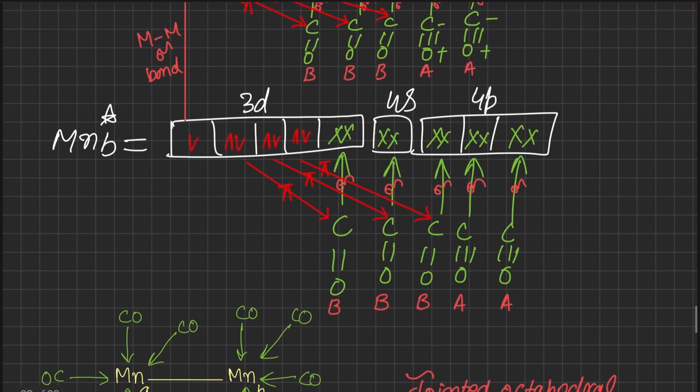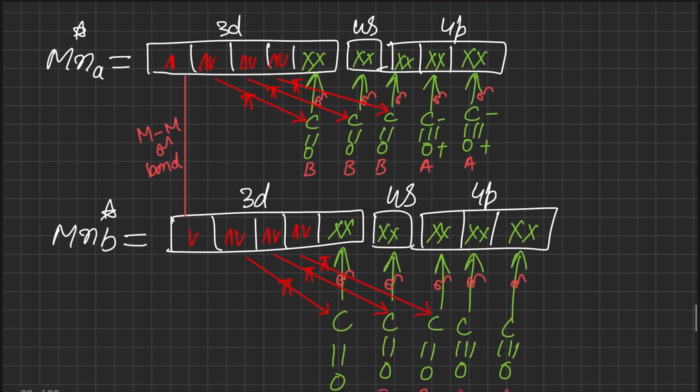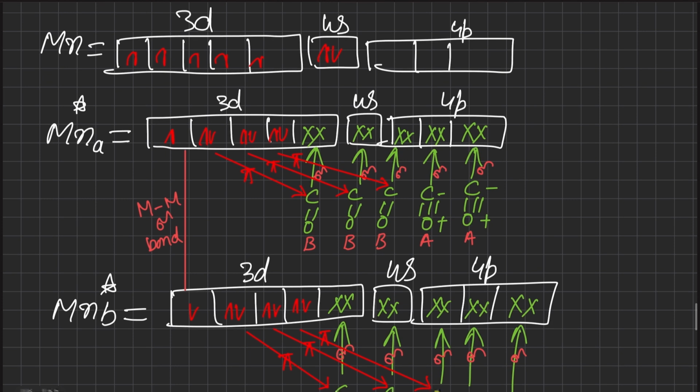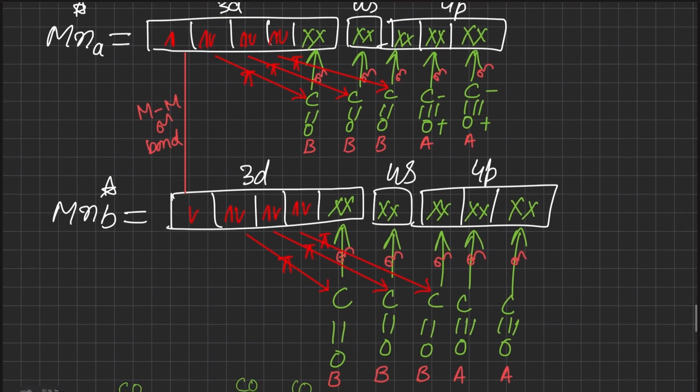Now, in order to confirm whether all our electrons have been included, if we see here the electrons of manganese A: 1 2 3 4 5 6 7, so there are a total of 7 electrons.